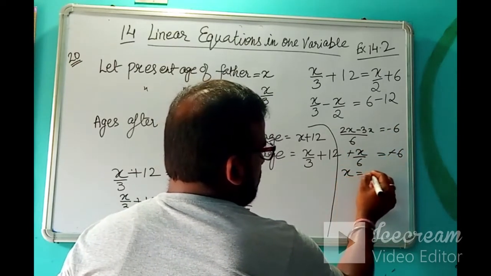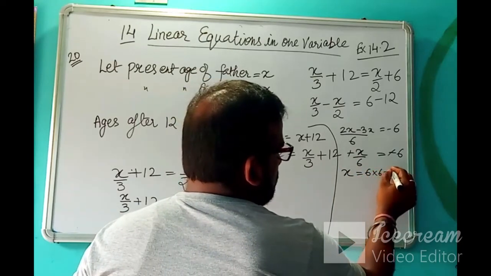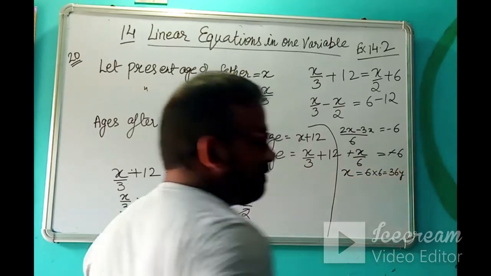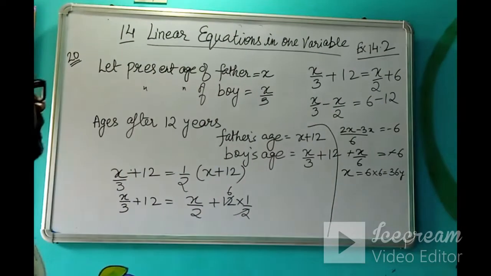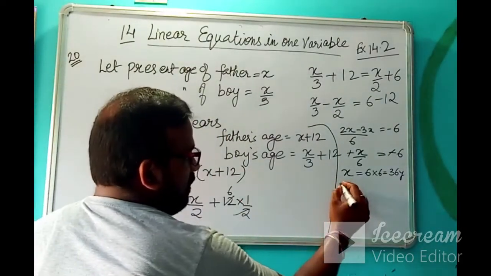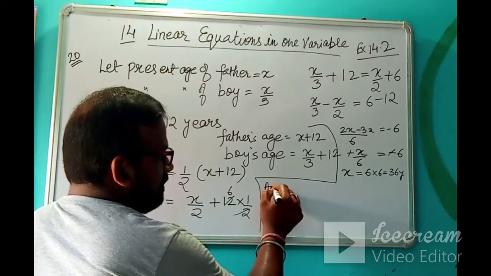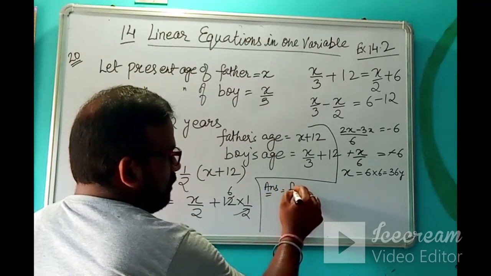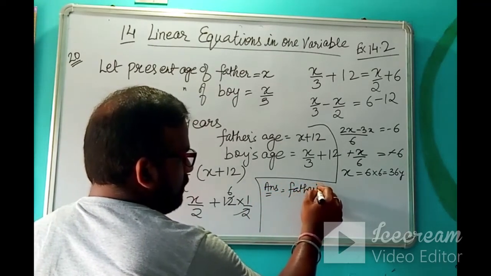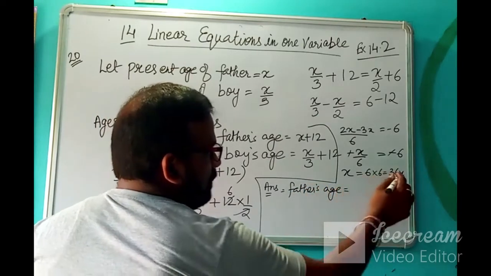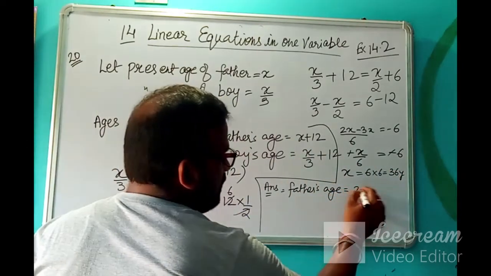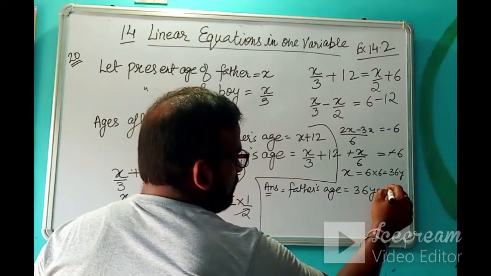So what will be x? 36 years. Okay, so that means our answer will be, father's age was x, so our answer is father's age is 36 years.